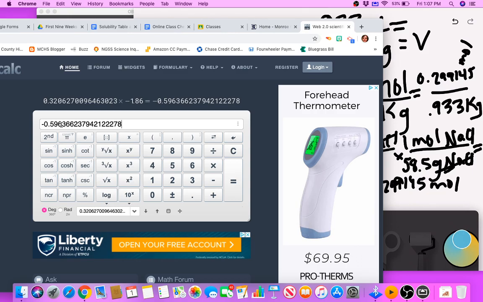So it's negative 0.596. And again, this is going to be degrees Celsius. I think that KF, negative 1.86, has units like Celsius over molality or something like that. So anyway, our unit is degrees Celsius.